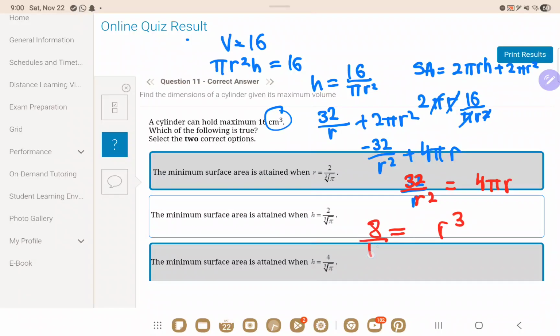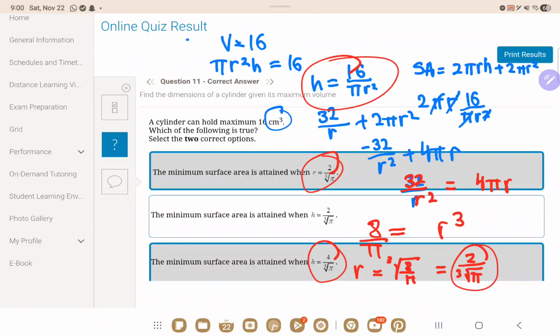Now 8 over pi is equal to r cubed, and r is equal to the cube root of 8 over pi, which is equal to 2 over the cube root of pi. So now this is your surface area. Now you just replace this into this equation and you get the height. And that is it. Moving on.